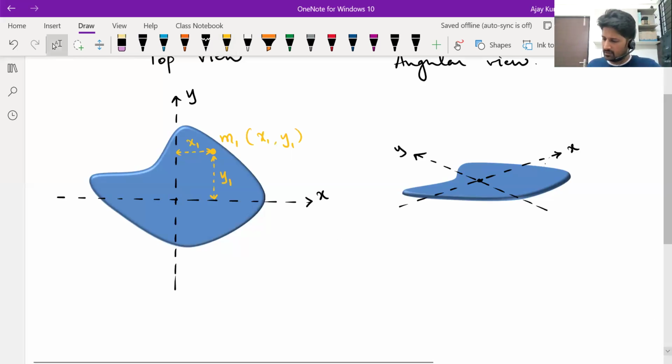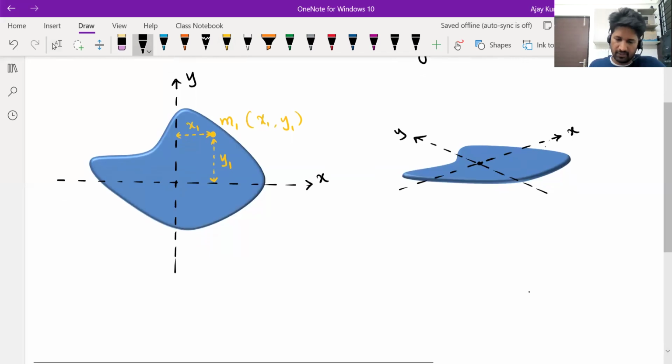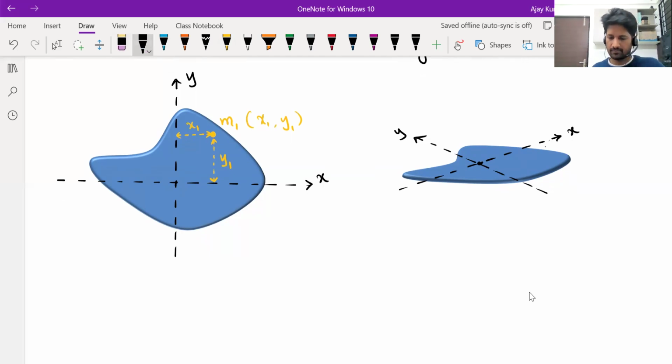One of you tell me, how much is the particle's moment of inertia about x-axis? m1 y1 square. I want some others also to answer.